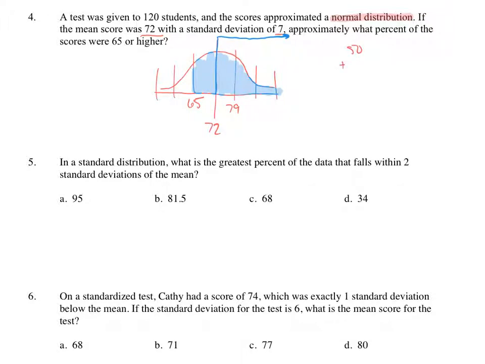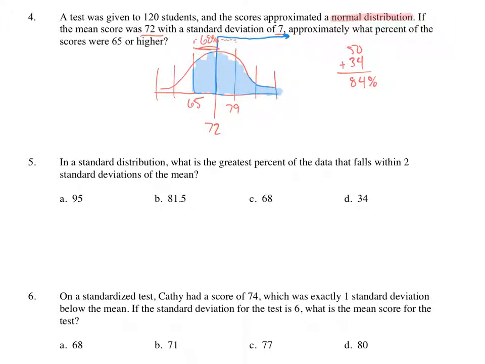And I just have to add to that whatever this turns out to be. But we know from our percentages, from our rule, the 68, 95, 99.7 rule, that 68% of the data lies within 1 standard deviation of the mean. So half of that is going to be 34. So if I add 34 and 50, I should get 84%.